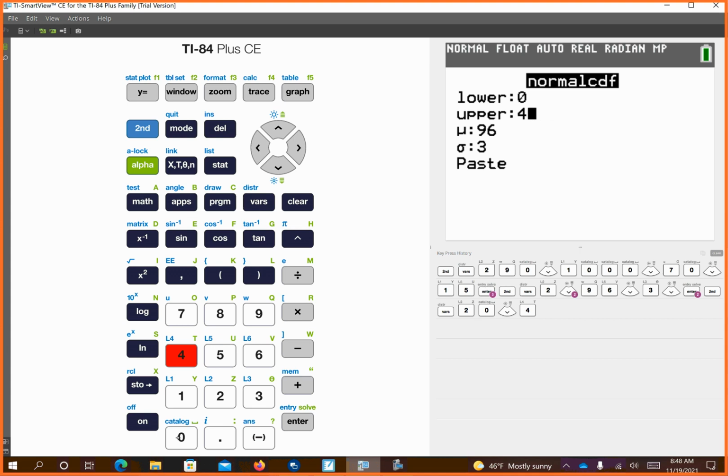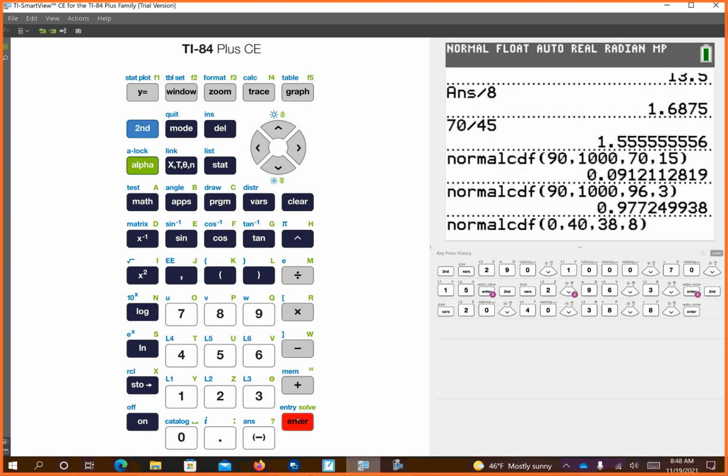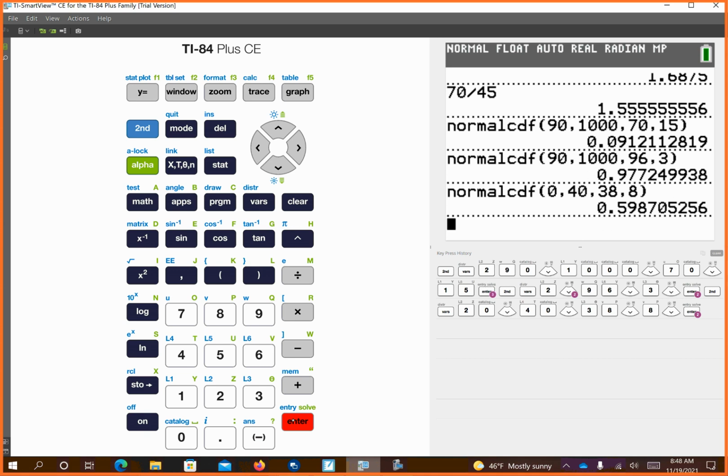I'm just kidding. 40 minutes here. And then the mean is 38 and our standard deviation is 8. This kind of works as a probability because probabilities are percent. So the probability he is on time is 59.9% of the time.